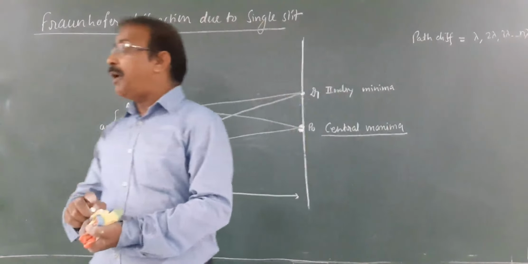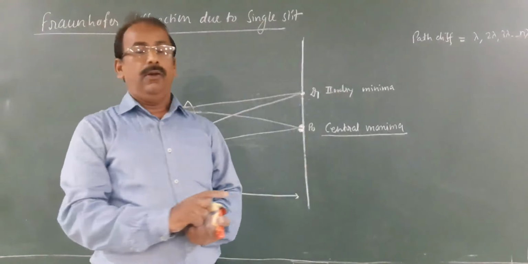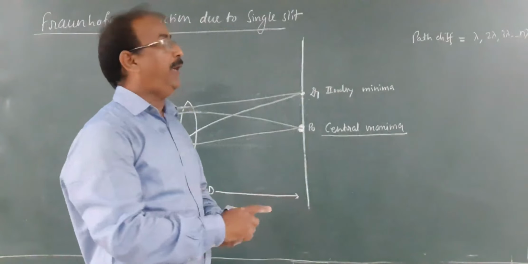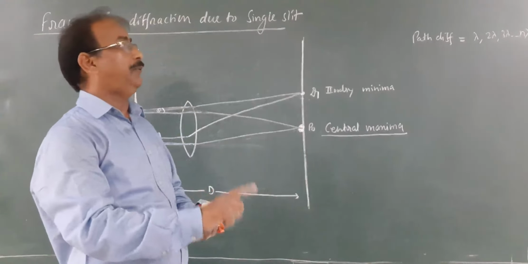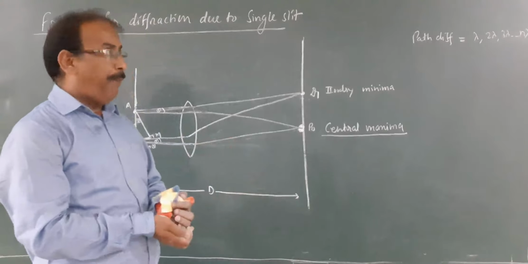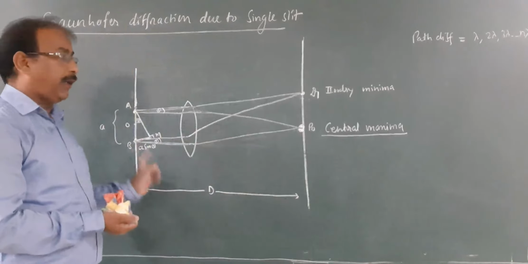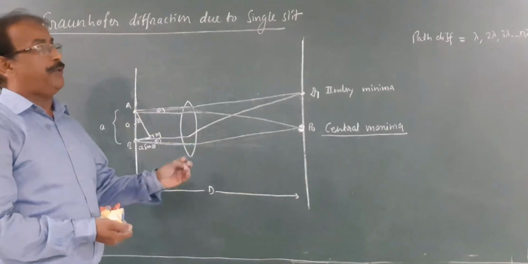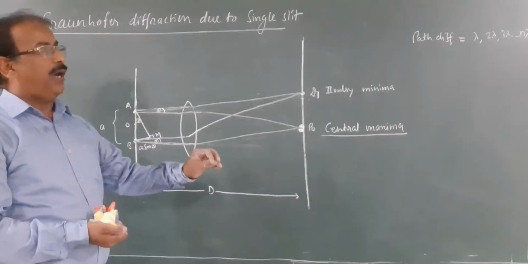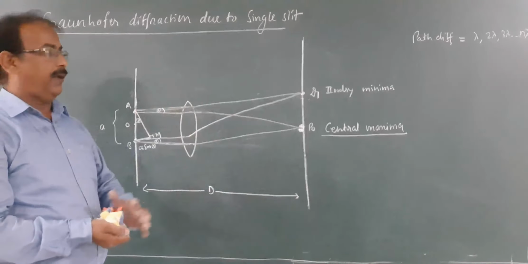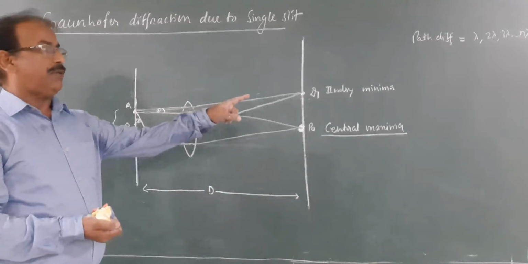In an interference pattern, for a bright band, path difference should be lambda, 2 lambda, 3 lambda, n lambda. But in diffraction for secondary minima, path difference should be lambda, 2 lambda, 3 lambda, in general n lambda. And this is for secondary minima.